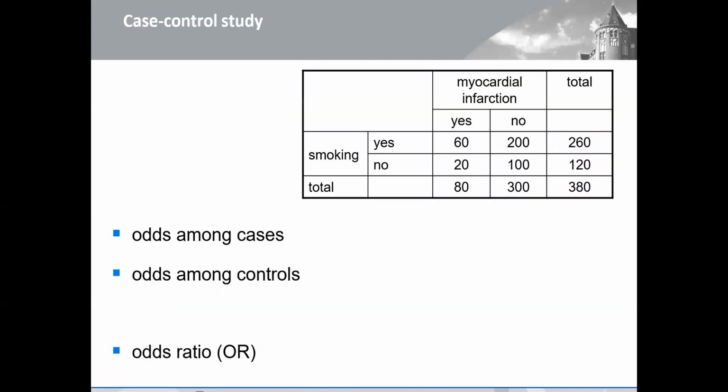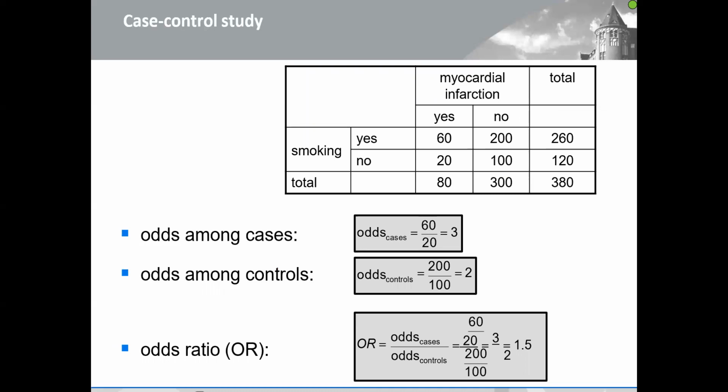But if you do it properly, the proportion of exposed cases over non-exposed cases is 60 over 80 divided by 20 over 80, but if you do the maths, you end up getting 3 here and 2 here.